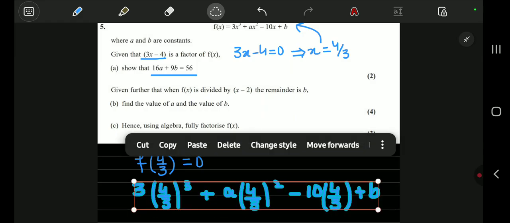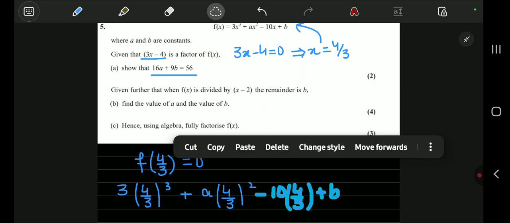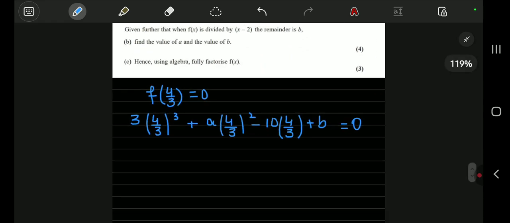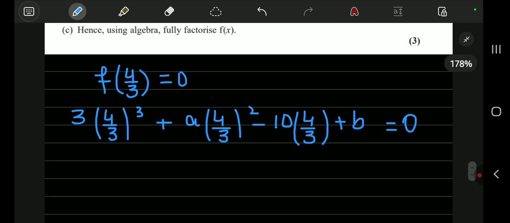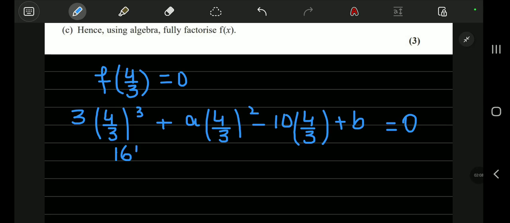So let's solve it and try to understand this. 4 cube is 164. This 3 over 3 cube, so one 3 will be cancelled with the 3 and 3 square will be left behind, so 9.